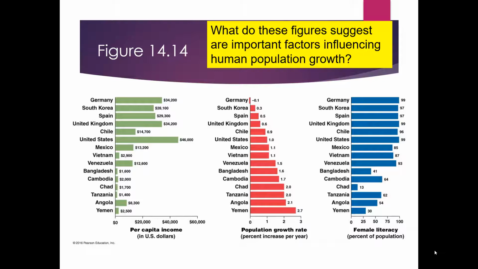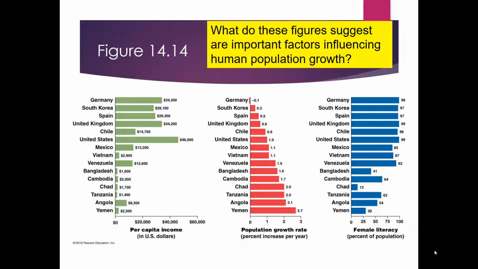Then if you look on the right, you look at something like female literacy, the percent of the females who are literate. And again, you can see that as that number increases, population growth tends to slow. In those countries where women don't have as much education, you tend to see more population growth.